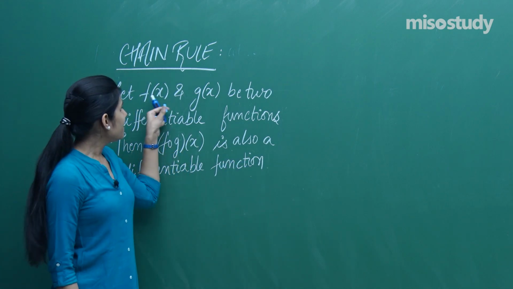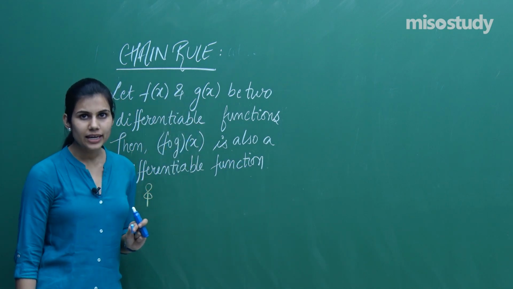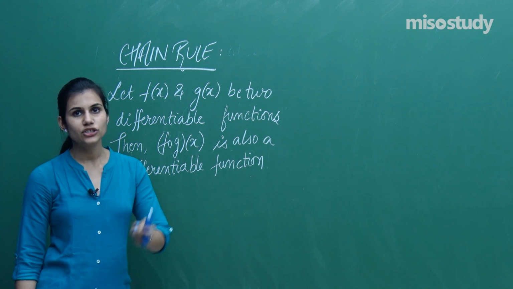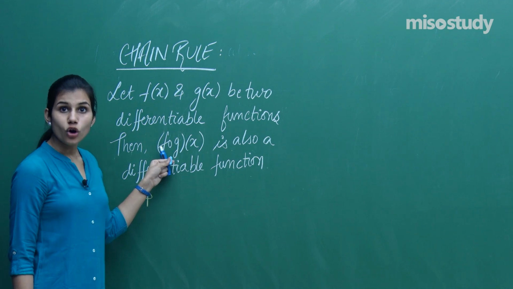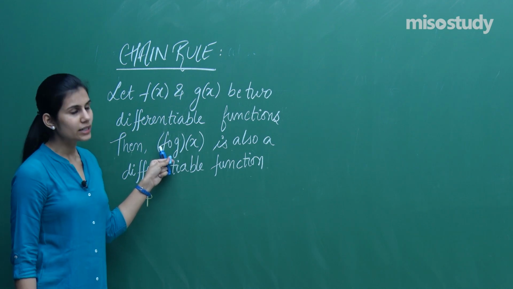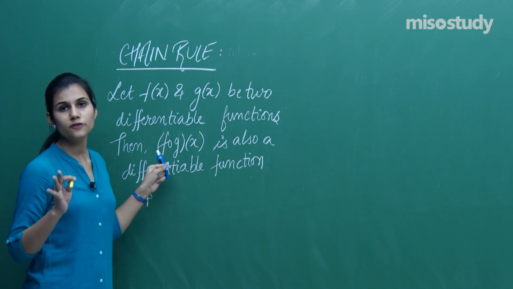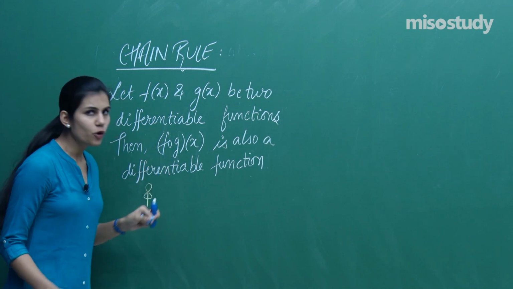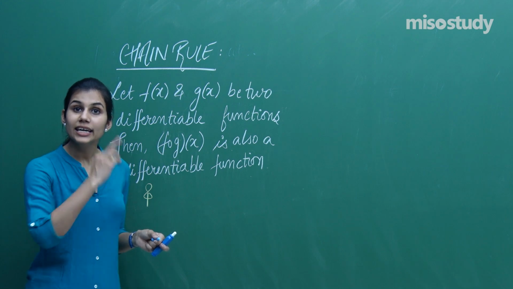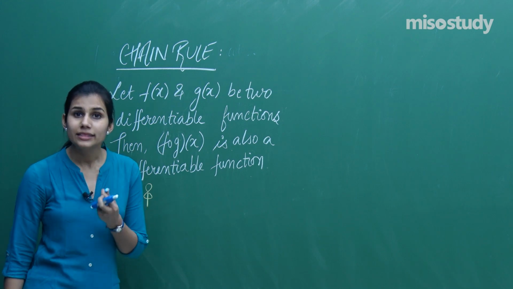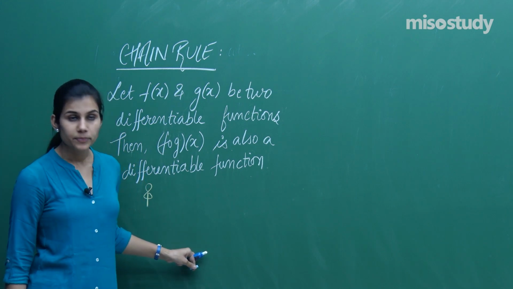If f and g are differentiable, they give rise to newly created functions f dash x and g dash x. If I am saying f∘g is also a differentiable function, what I am trying to make you focus on is that even f∘g is going to give rise to a newly created function known as (f∘g) dash of x. What will that be is what the chain rule gives.